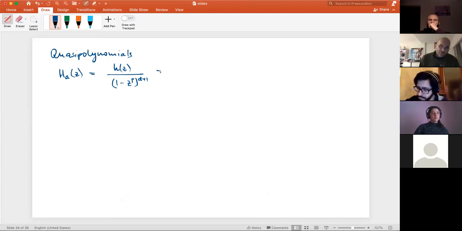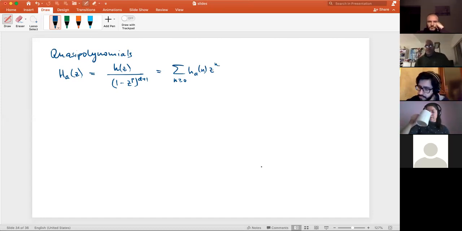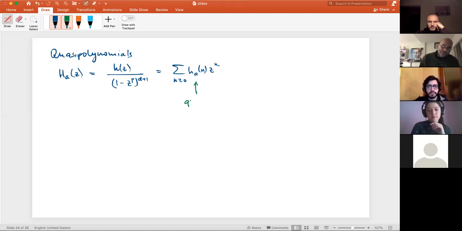This is a generating function of something, and in fact we call this something the Hilbert function, with coefficients of z to the n. And I claim this is, in some sense by definition, a quasi-polynomial.